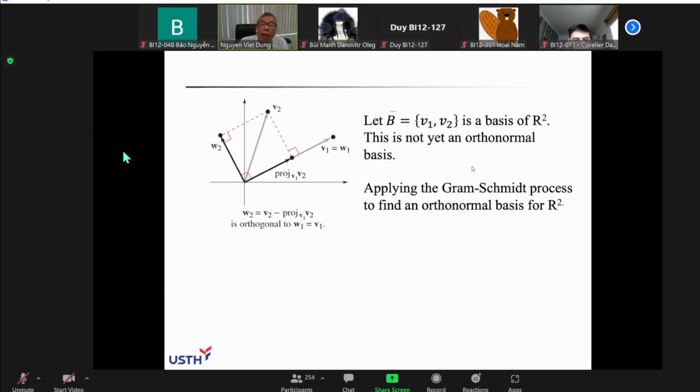It is not yet an orthonormal basis, and not even orthogonal, and we need to apply Gram-Schmidt to find an orthonormal basis for R2.